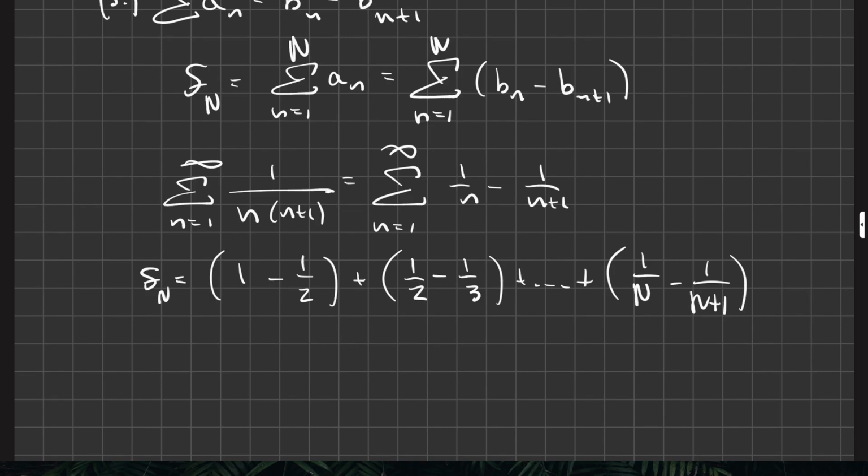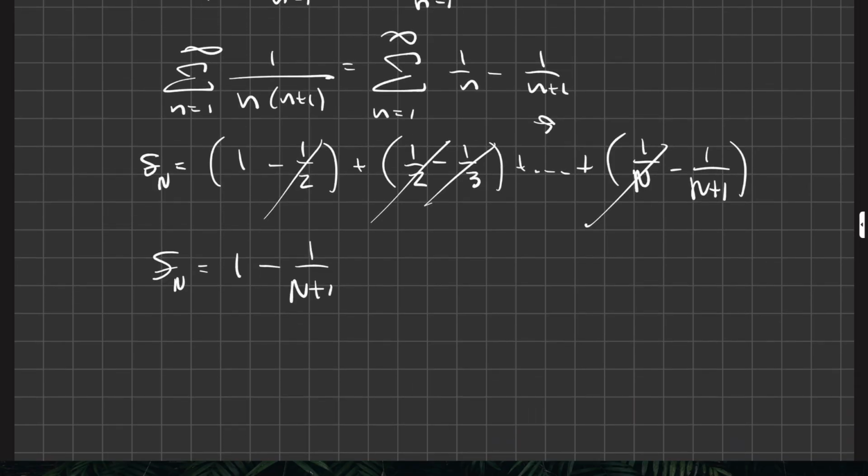And we made the argument that these terms will cancel, which implies that if we kept going in this direction, this would eventually cancel with whatever term is here. So all we're left with is 1 minus 1 over N plus 1. To see if it converges, we want to take the limit of this.